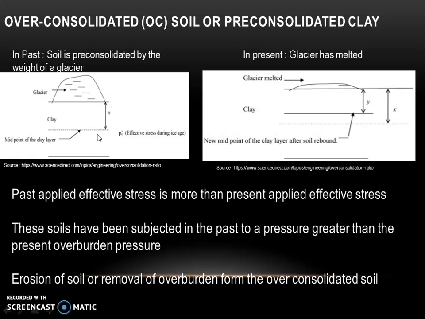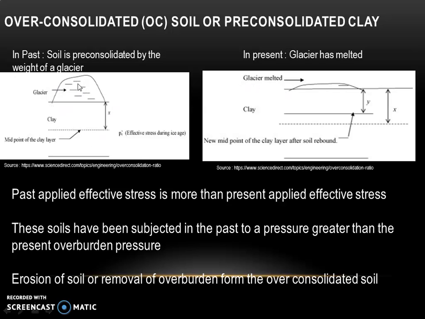That means in past the soil is subjected to effective stress which is more than the present applied effective stress. The present applied effective stress is reduced because of removal of the load, that is due to melting of the glacier.